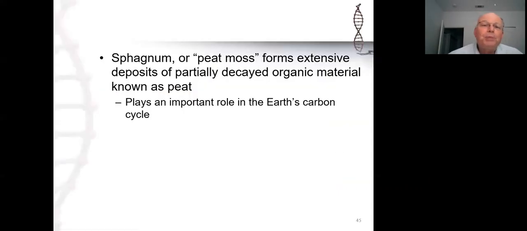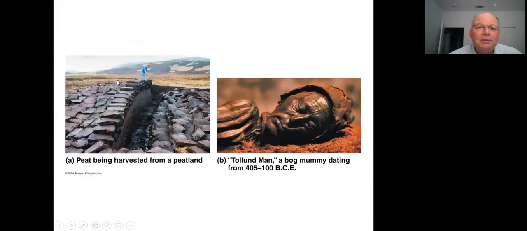Then peat moss, I've already explained what peat moss is doing. It retains a lot of carbon. So you can see that it's retaining a lot of carbon here. It can also act as a tanning agent. So this is an individual who died and fell into one of these swamps, and his body has been perfectly preserved because his skin has been tanned.